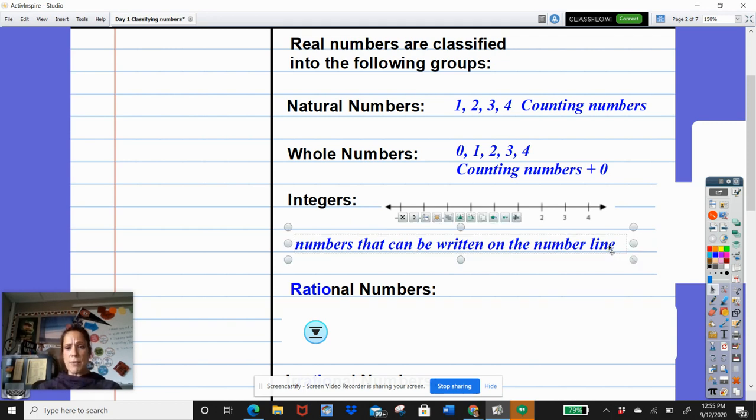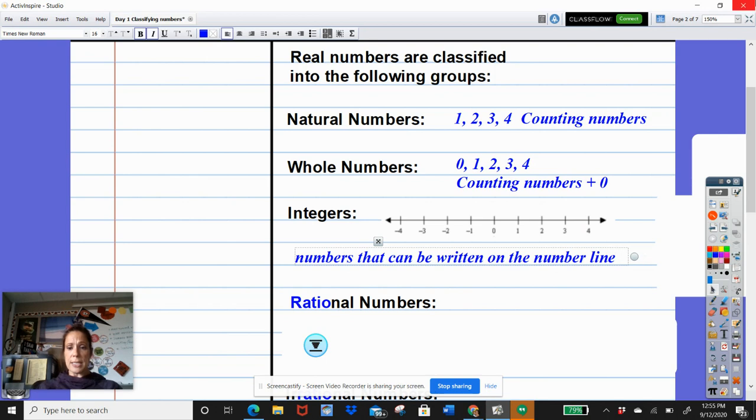And I also just thought of this, these are really positive or negative whole numbers, or I should say natural numbers. So the number 1 is also natural, it's whole, and it's an integer.